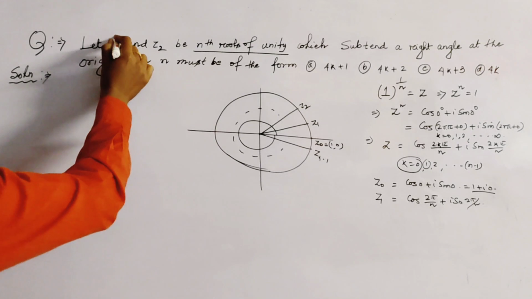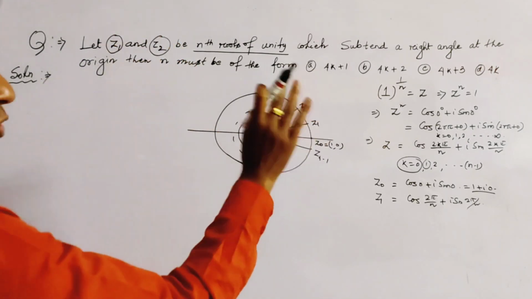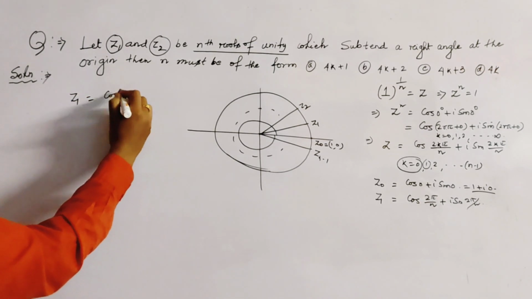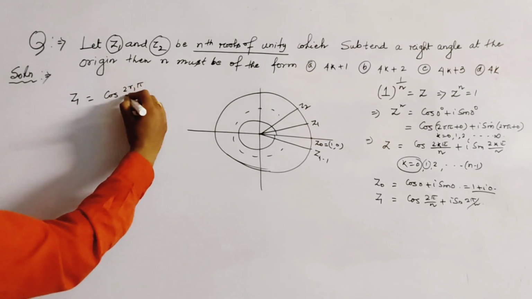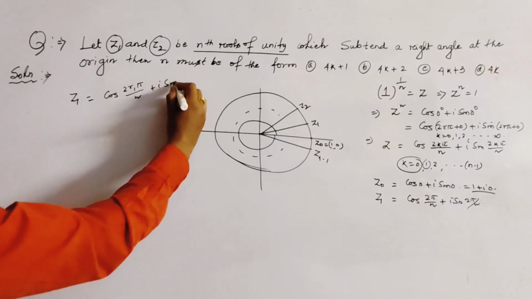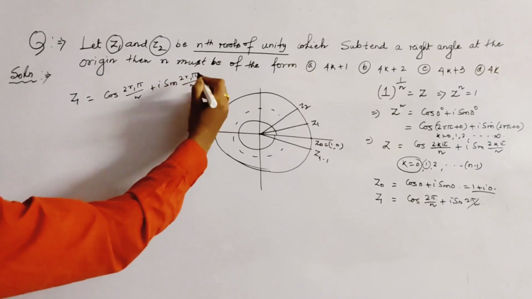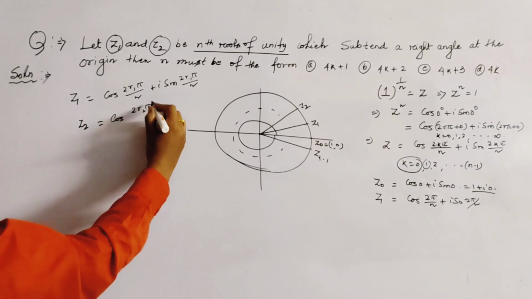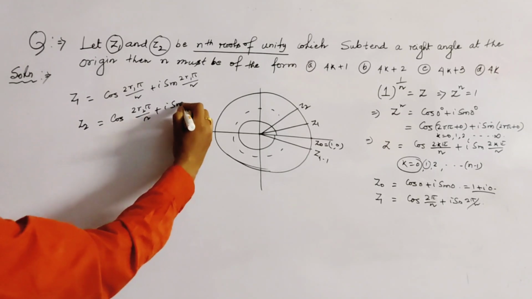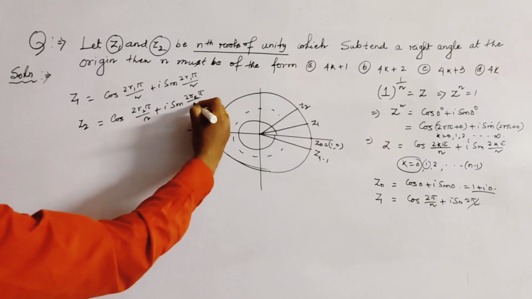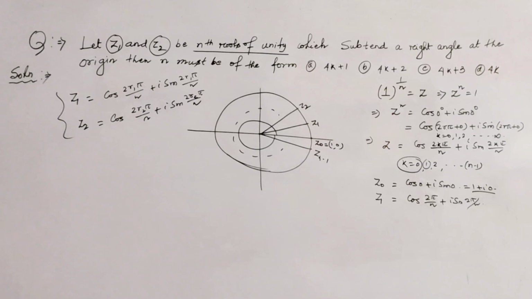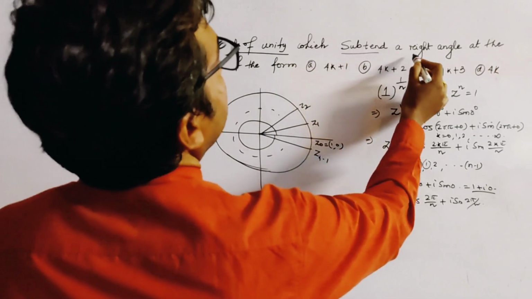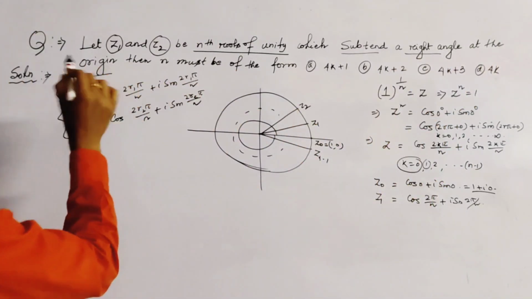Now here z1 and z2 are two such complex numbers. Let z1 be cos 2r1π by n plus i sin 2r1π by n, and z2 be cos 2r2π by n plus i sin 2r2π by n. It says that they subtend a right angle at the origin.